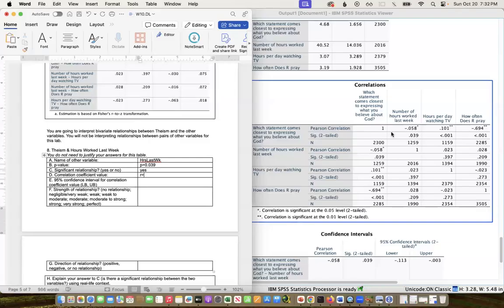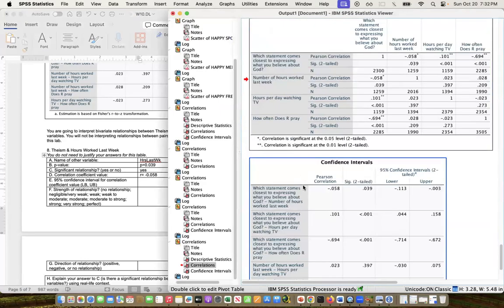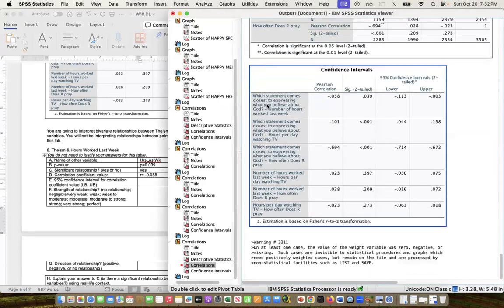Okay, now my correlation coefficient. That's going to be this number, negative 0.058. My 95% confidence interval. For this one, I'm going down to here, and I have to look for the one that has both variables in it. So this is what you believe about God and number of hours worked last week.